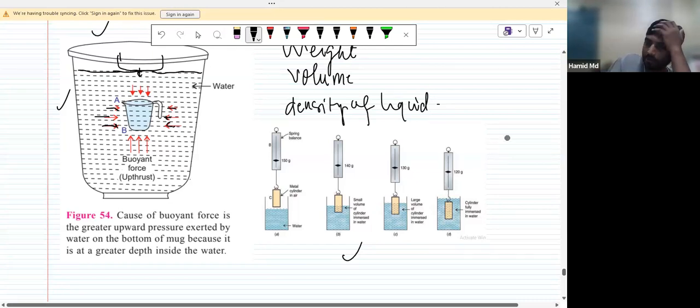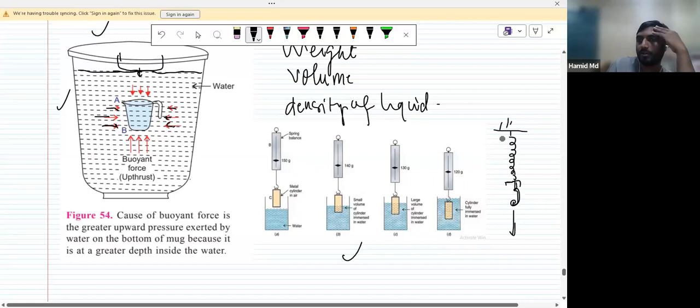The design of a spring balance is that there will be a spring. Then as soon as you put the object on the spring, it starts pulling down. There will be a hook. So when we apply the object, it comes down.